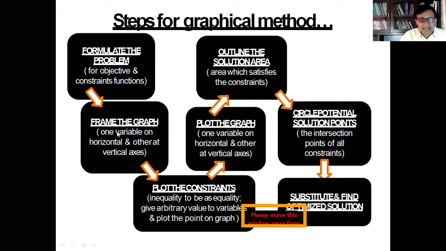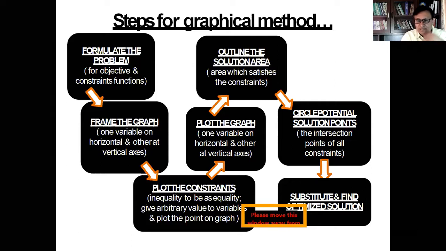The second step will be to frame the graph. Now we have the objective function and the constraints. Constraints may be less than or equal to type, greater than or equal to type, or equal to type. So presuming that these are equalities, you will find the values of the decision variables of these constraints.